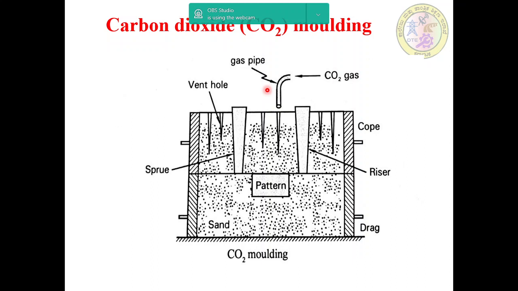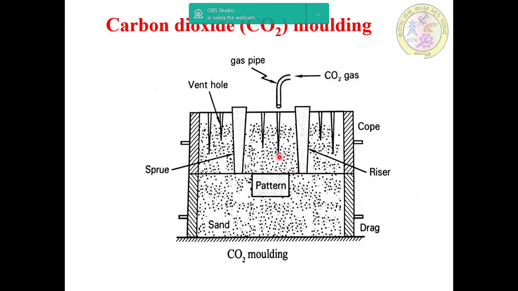In this process, sodium silicate is used as the binder, but the sodium silicate activates or tends to bind the sand particles only in the presence of carbon dioxide gas to form silica gel and sodium carbonate. For this reason, the process is commonly known as the CO2 process, as shown in the sketch.